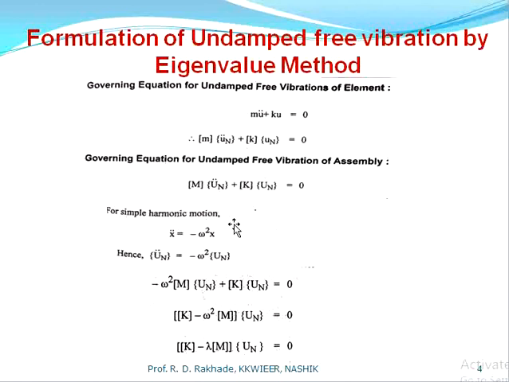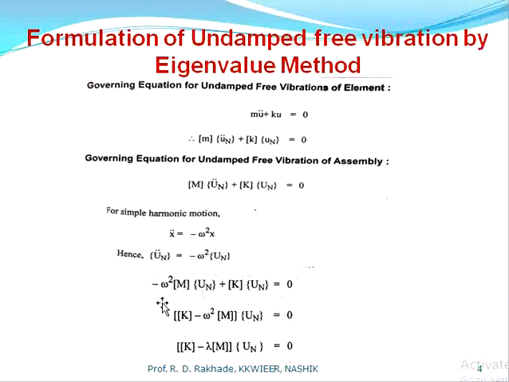For simple harmonic motion, we know that acceleration is equal to minus omega square x, that is the double derivative of x or variable with respect to time. So this equation can be written in the form of omega x.